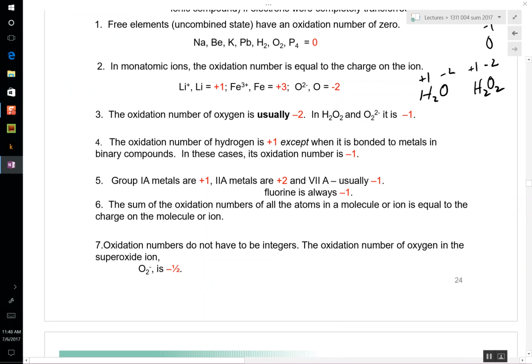Hydrogen, typically +1, unless it's a hydride, unless it's bonded to a metal, like potassium hydride, then it has a -1 charge.